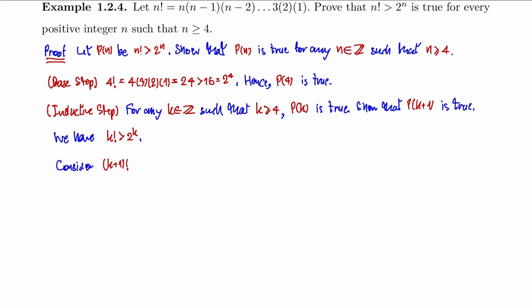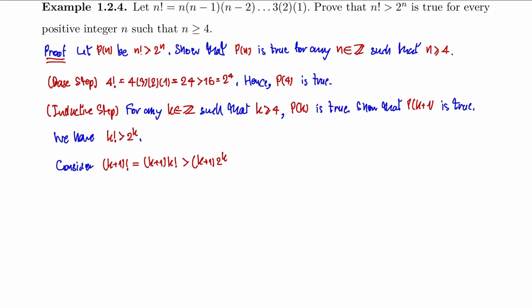And k plus 1 factorial is going to be k plus 1 times k factorial. If we use P of k, which is true, that is k factorial is greater than 2 to the k. So it's going to be greater than k plus 1 times 2 to the k.